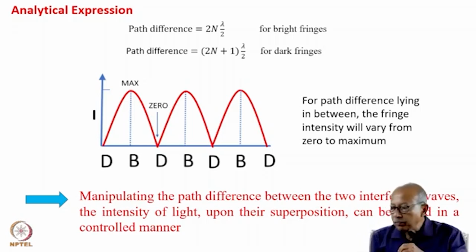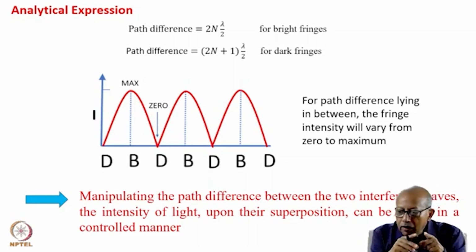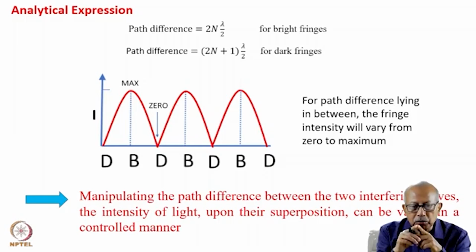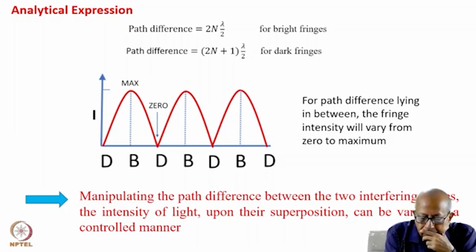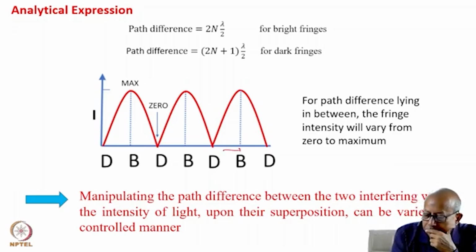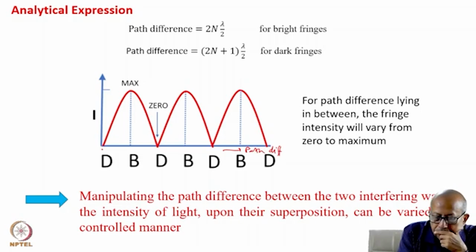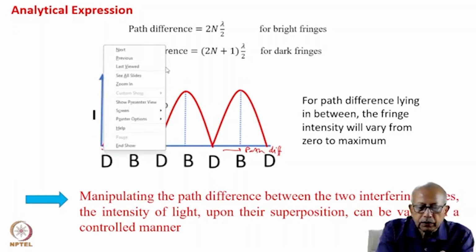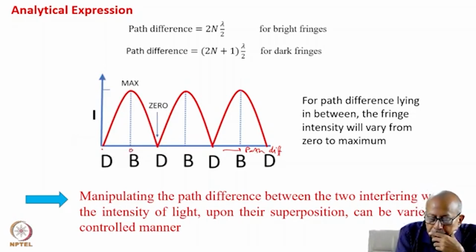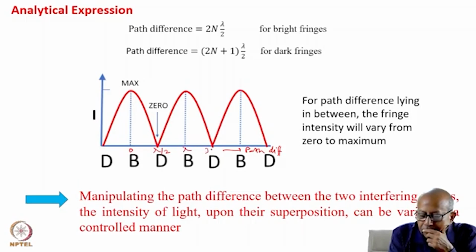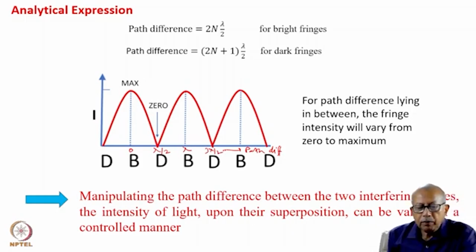What we found is that when two rays of light interfere, the path difference is 0 here, and it is lambda by 2, and lambda, and this is 3 lambda, and so on. We know this.